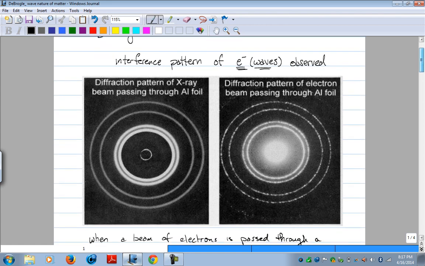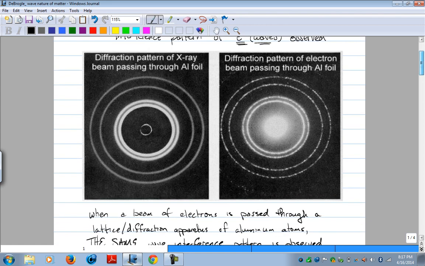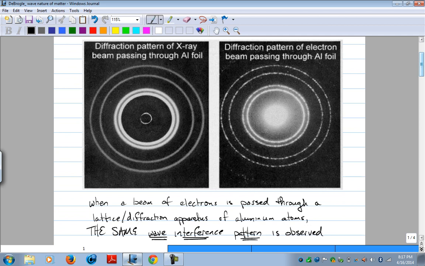And when that wave interference pattern emerged from electrons, which are thought of and known to be particles, from this empirical evidence we see the wave behavior of electrons.